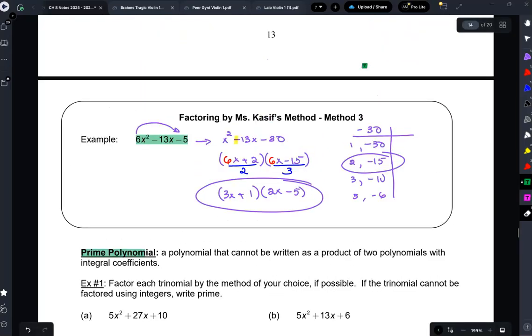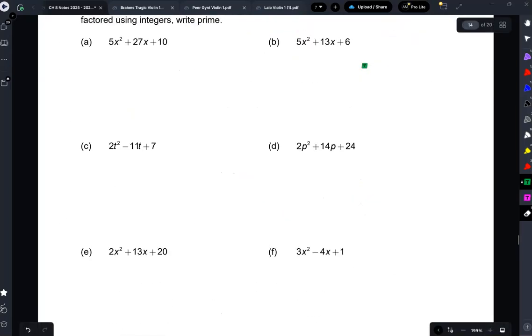So let's do this one. So let's do it in the last way I taught you, only because I want to make sure I stress the dividing. Okay, let's multiply this. So I get x squared plus 27x plus 50.